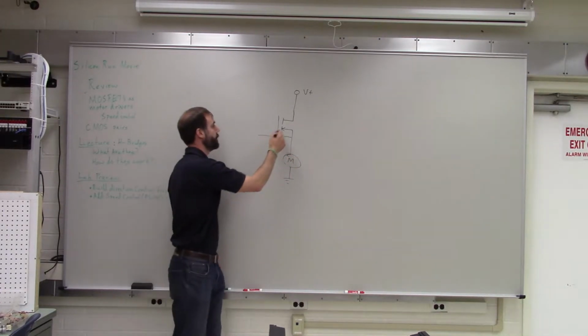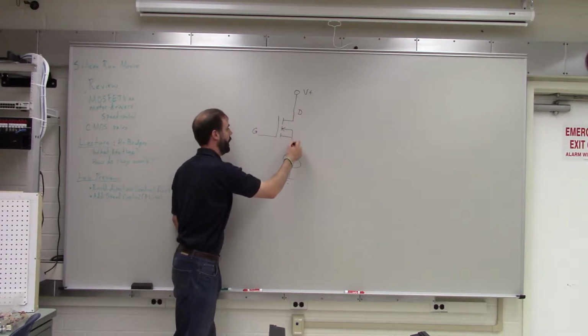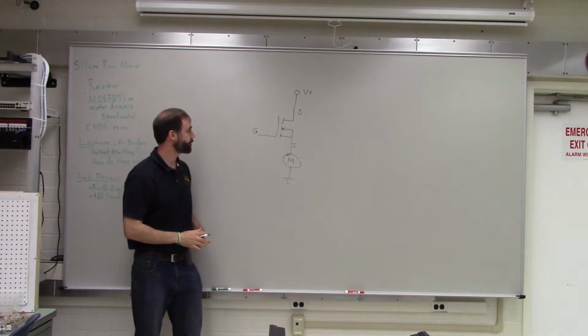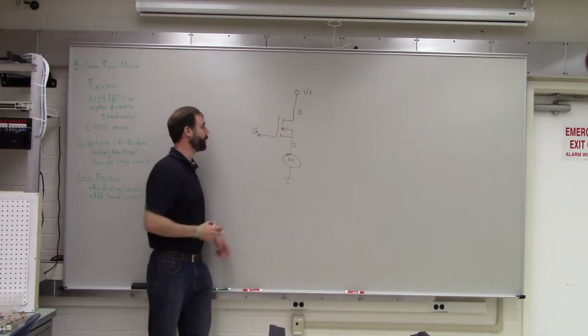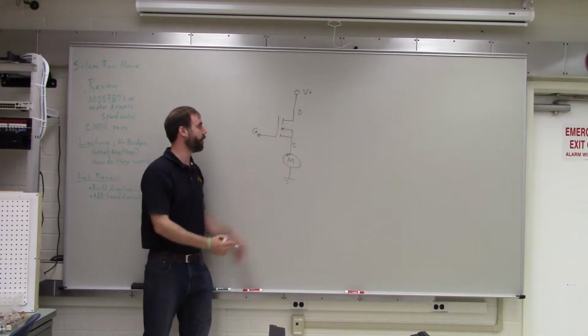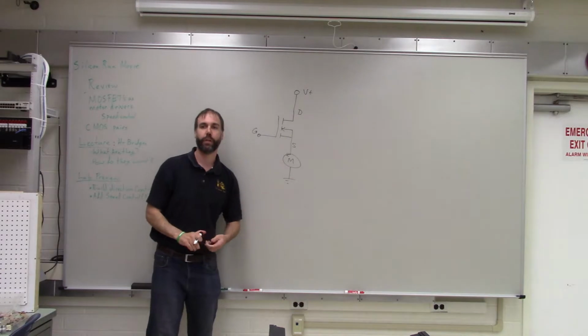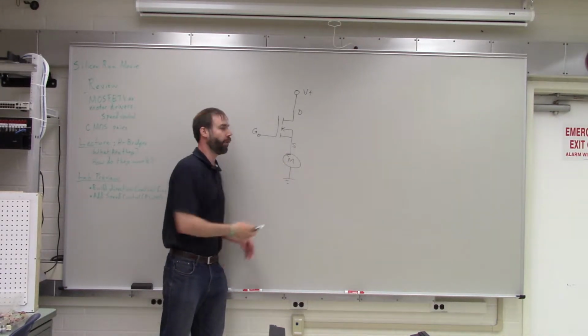Ground. So this is the gate, the drain, and the source for the MOSFET. And we said that if we controlled the voltage at the gate, that would turn the MOSFET on and off, pretty much like a switch. So that would allow us to turn the motor on and off.